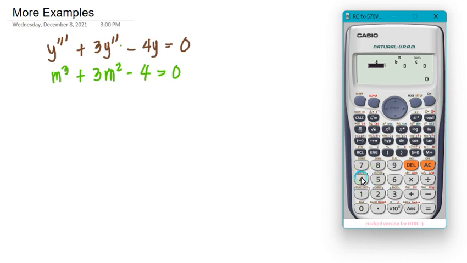So this is 1 for the cubic coefficient, 3 for the squared, 0 for the linear, and negative 4 for the constant. Enter. So I have x sub 1, or m1, is 1, and negative 2. So that means m is 1 and negative 2. The calculator only showed two.